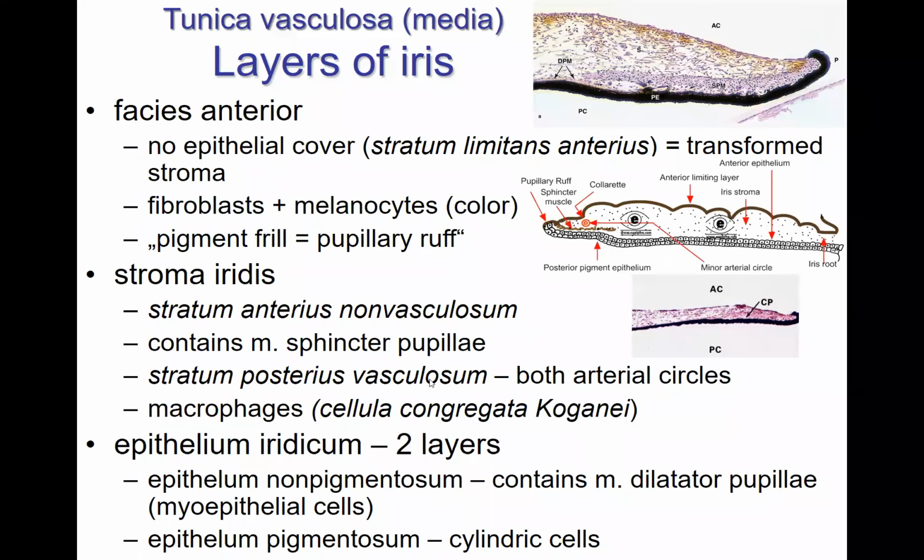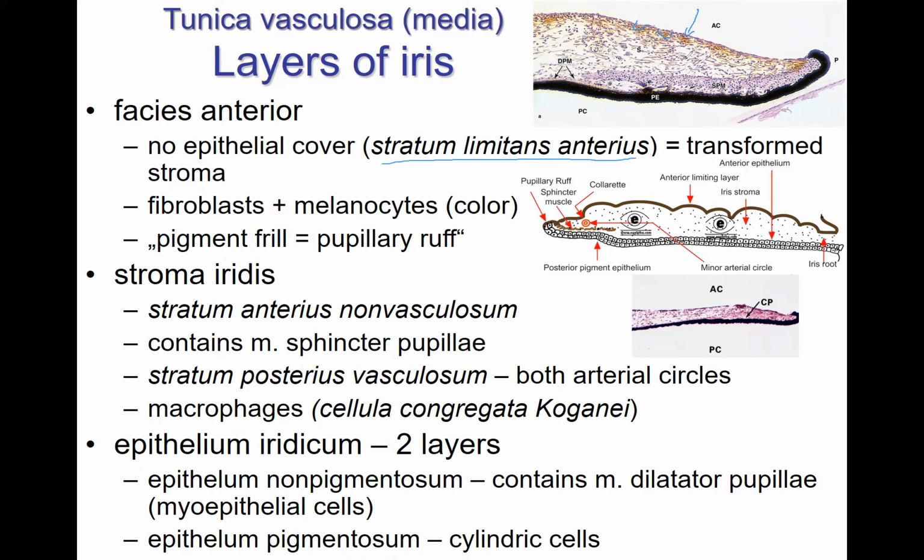So now if you go to the layers, we start ventrally, and as I said, ventrally there is no epithelium. It's covered only by transformed or modified cells of the stroma. So it's just called stratum limitans anterius, and there are many crypts visible. These crypts also serve for absorption of the aqueous humor.